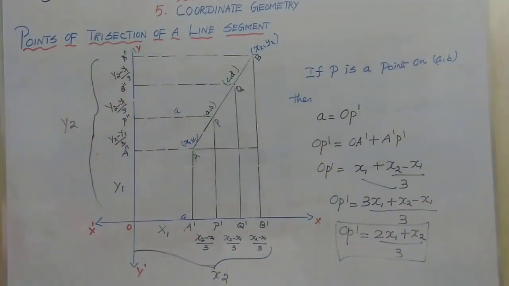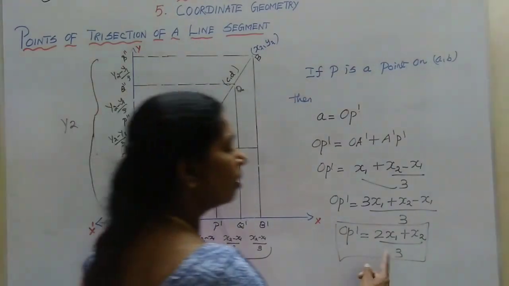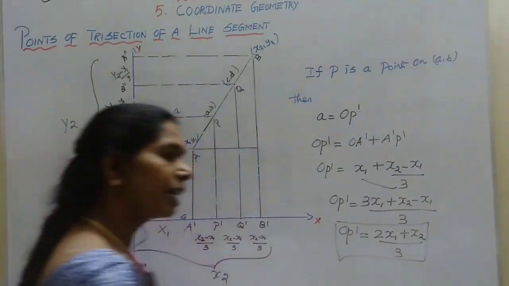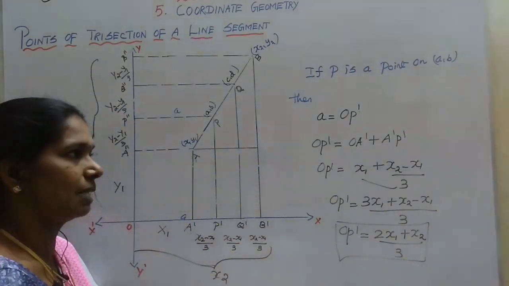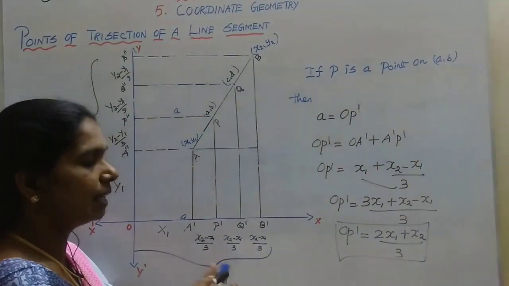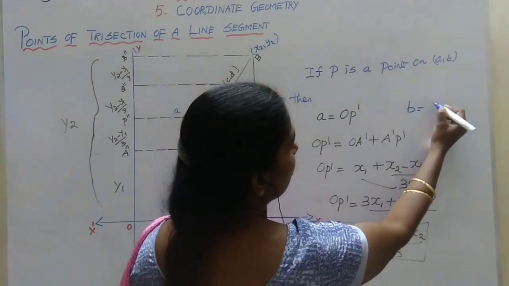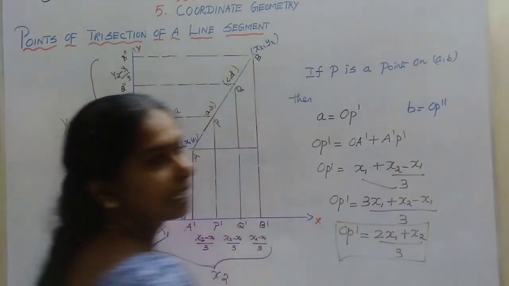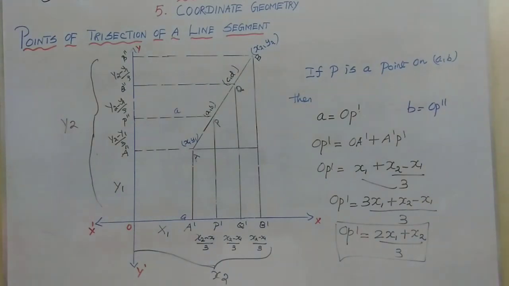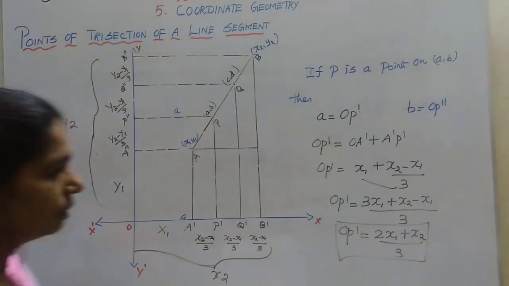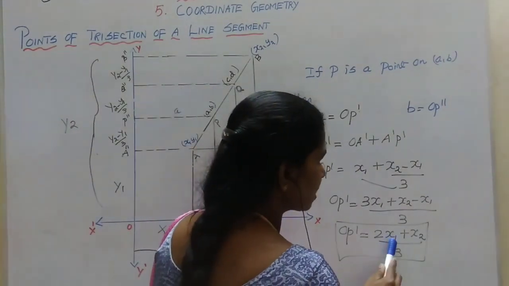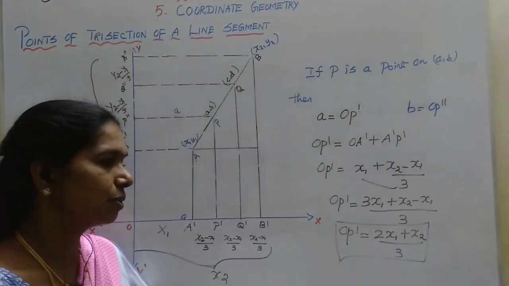Similarly, we can write B equal to x2 plus 2x1 by 3. 2x1 plus x2 by 3 or x2 plus 2x1 by 3, both are the same. Similarly, for B you can write here OQ dash. If B equal to OP double dash, we can find OP double dash equal to, just interchange: for x1 you change y1, for x2 you change y2.